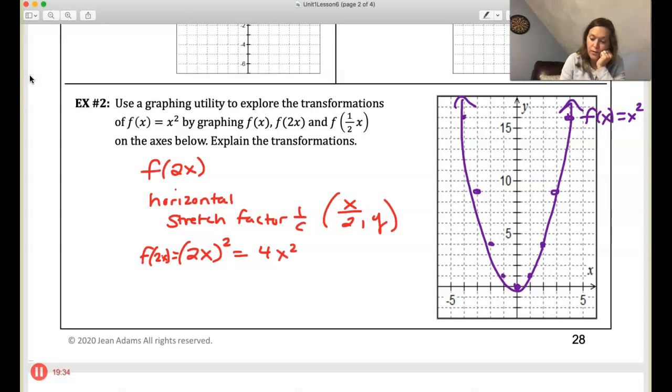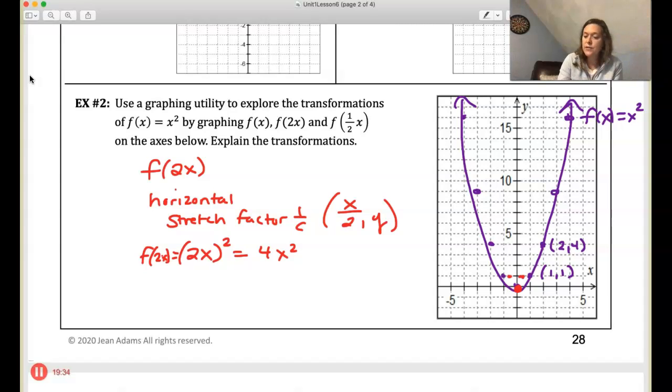If we think about our original numbers, 0, 0 stays the same. My coordinate for my purple at 1 was 1, 1. This was 2, 4. So if I plug 1, 1 into the red, the 2x, I'm just taking half, so it'd be 1/2 comma 1. Which puts me right there.